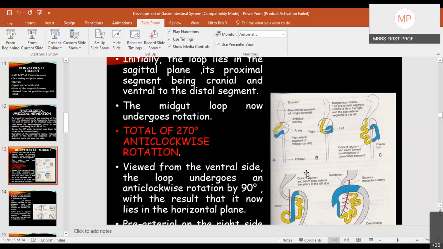अब ये pre-arterial जो है, ये ऐसे हो जाएगा. It will go behind this. Again 90-degree का जो turn आया, इसके पीछे चला गया ये. और जब ये पीछे चला गया तो एक और 90-degree का जो turn आएगा, उसमें ये आगे आके इधर आ जाएगा.